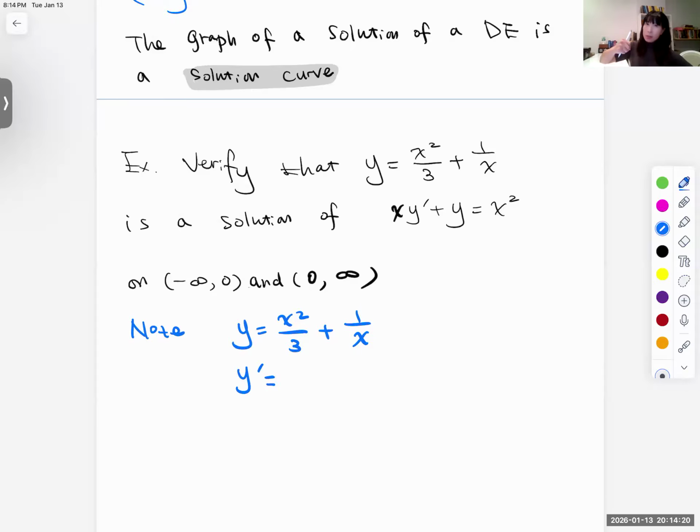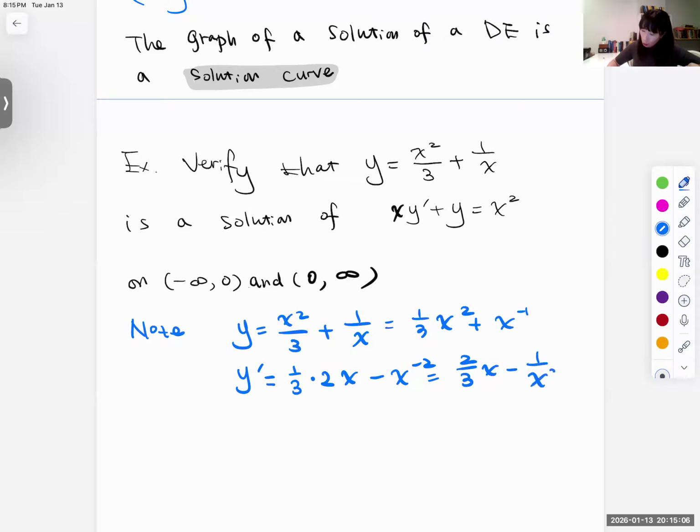Drop the power, reduce by 1, plus 1 over x, which is x to the negative 1, so drop the power, reduce by 1, giving x to the negative 2. Clear? Then y prime will be 2/3 of x minus 1 over x squared.